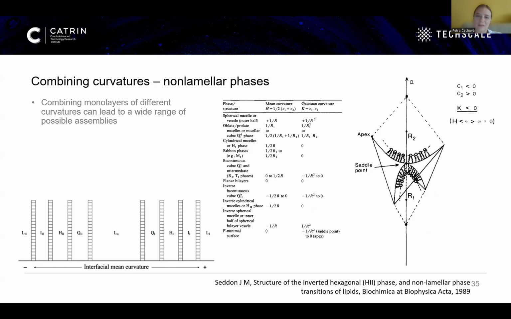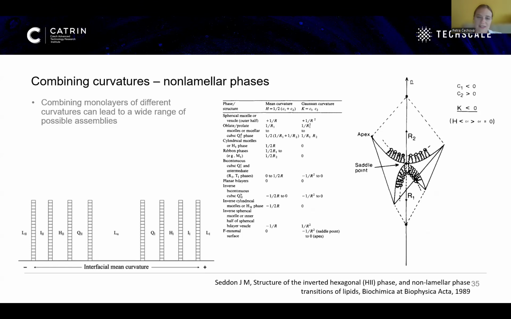And then depending on the combination of the curvatures of these two monolayers that make a bilayer or that meet together, you can have this really huge variety of shapes that are really complex, but can be described using simple geometry. It's basically simple geometry behind it.